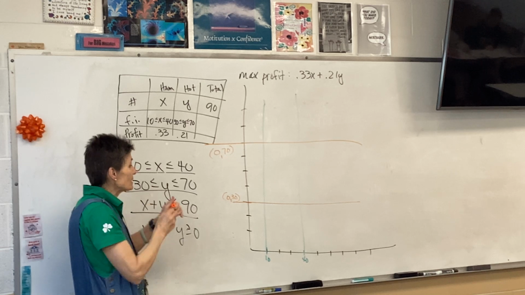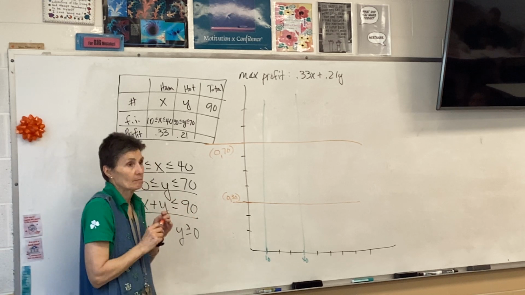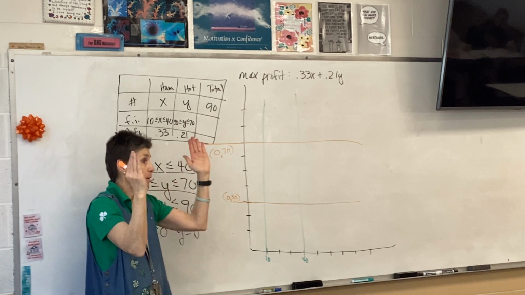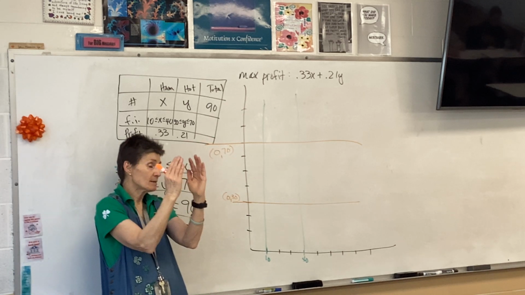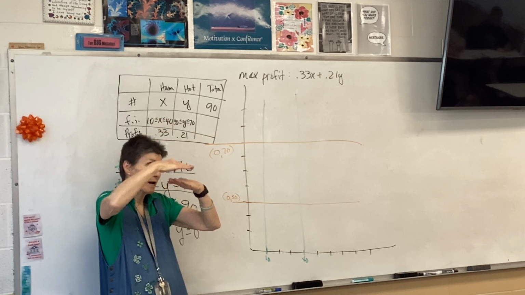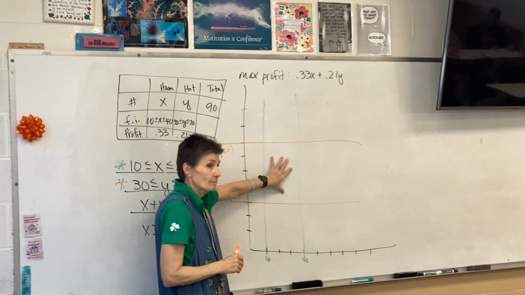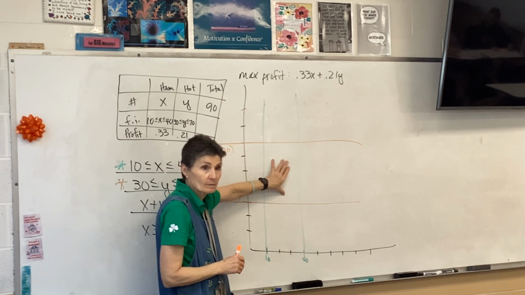Now where is the orange shaded? In between. So now I'm in between my greens and in between my oranges. So aren't I right here? This is where I am so far.